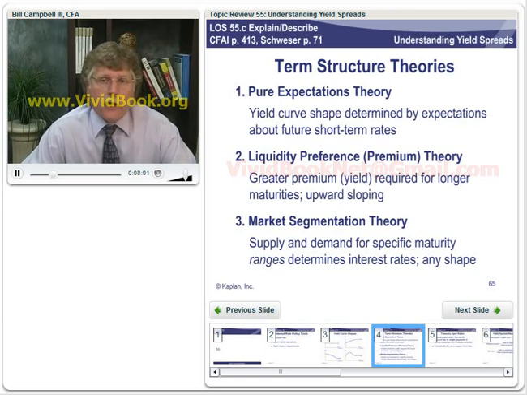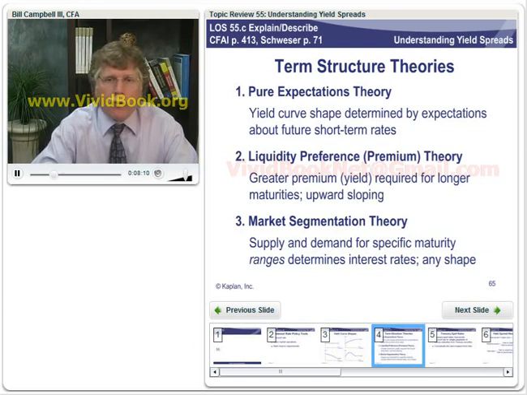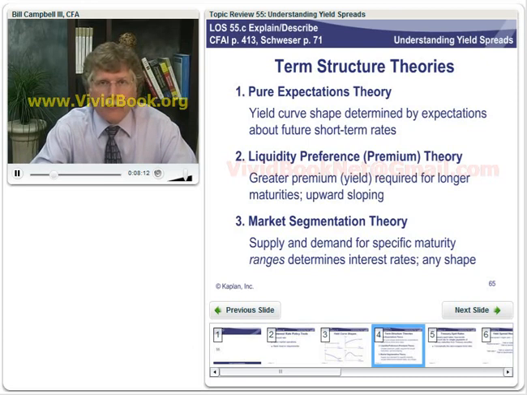So they're saying that today's interest rates tell us about the expectations that people have of future interest rates. If our forward rates are higher in the future than they are now, it's because we expect interest rates are going to be going up in the future. If our forward rates are lower than now, we expect that interest rates are going to be going down in the future. That's pure expectations.